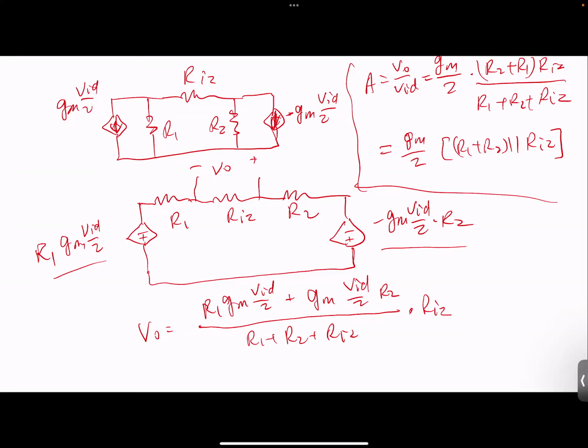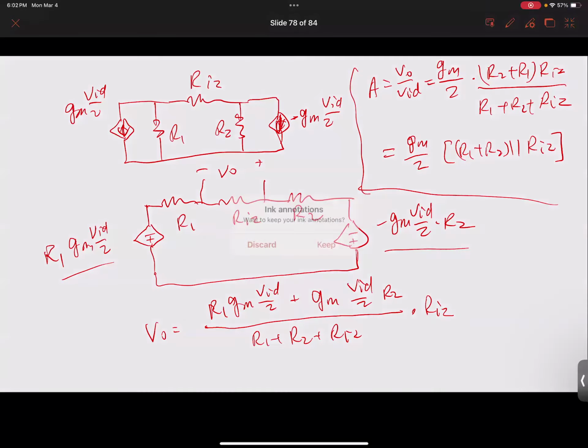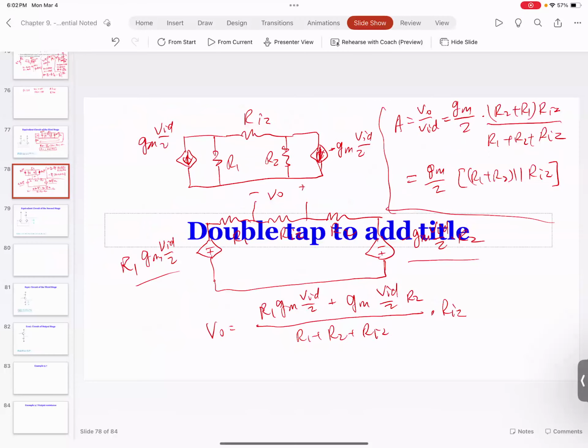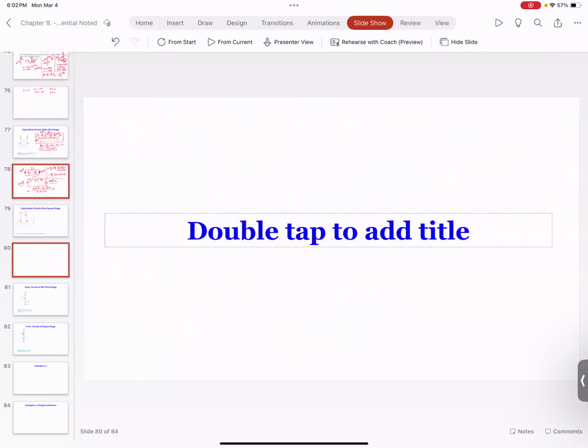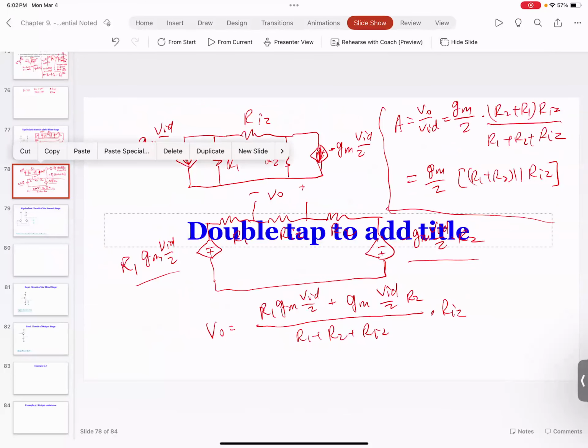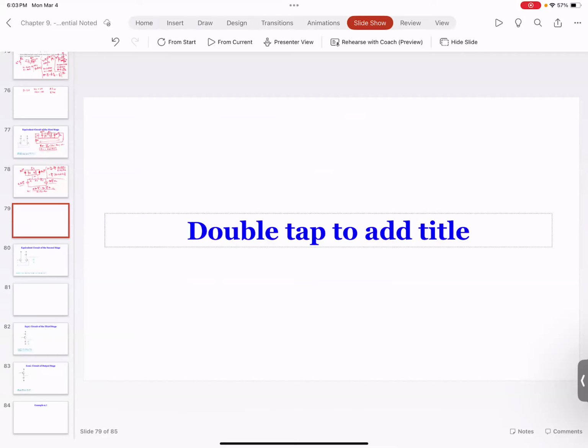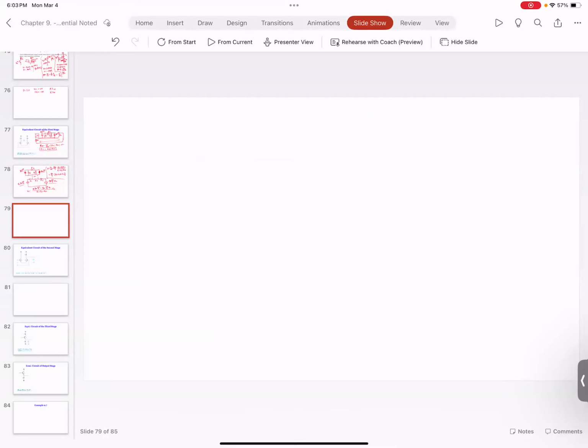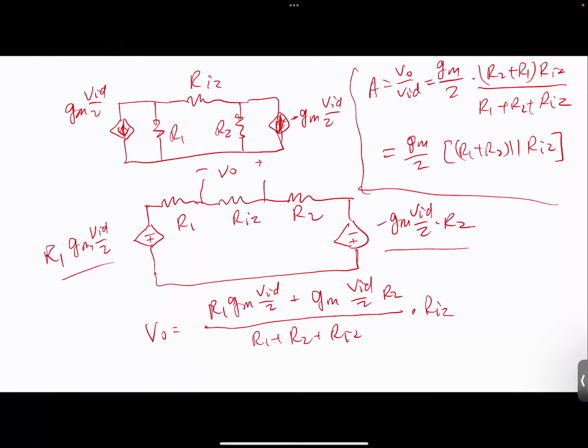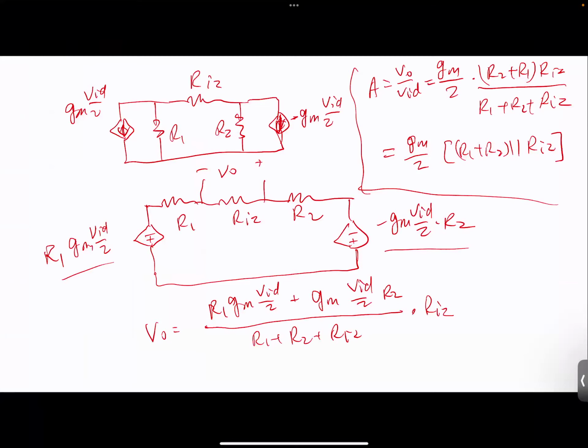But in order to find the gain, of course, we have to find a few other values. Now we have the gain written, but we also need to calculate R pi 1.